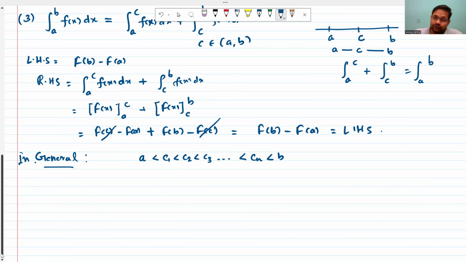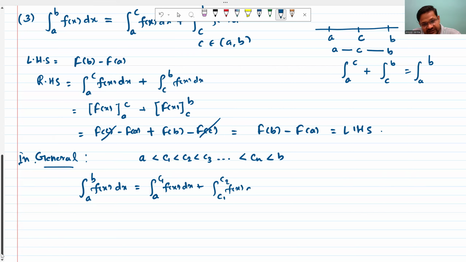If you are going to break the interval from A to B of fx dx, you can write it as the integral from A to C1 of fx dx, plus C1 to C2 of fx dx, and so on, plus the integration from Cn minus 1 up to Cn of fx dx, plus Cn to B of fx dx.